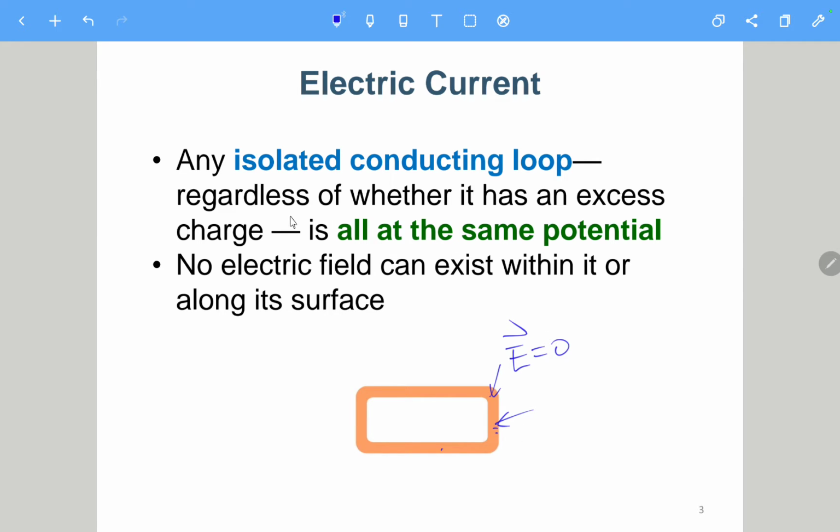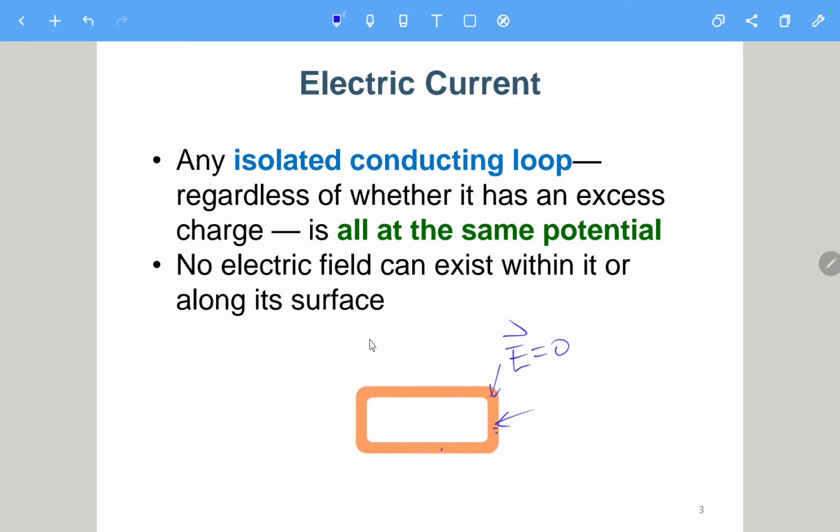Okay, so regardless of whether it has excess charge, so with or without charges on the loop, it doesn't really matter. The potential should still be the same. So no electric field can exist within it or along its surface.